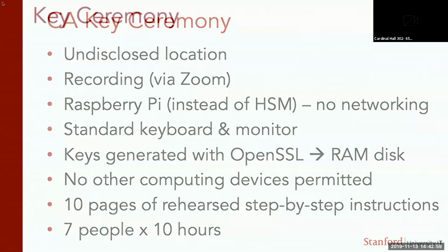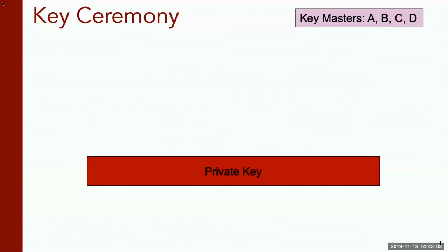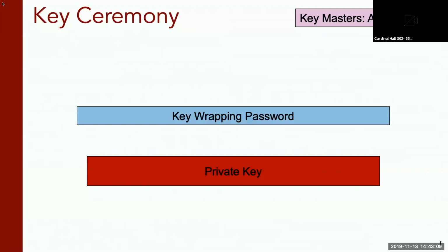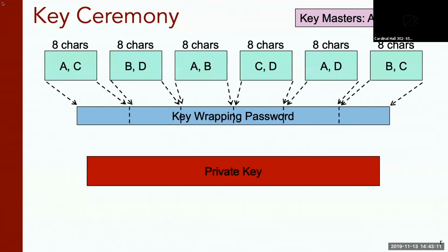And here's really what we were trying to do. We had 4 key masters, we call them, and really it's all about the private key for your intermediate and your root CA. So we had a key wrapping password. We split that 6 ways, and we did it across 4 key masters, so it takes 3 of the 4 to reassemble that.